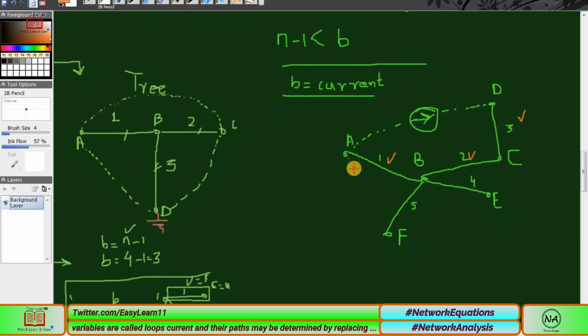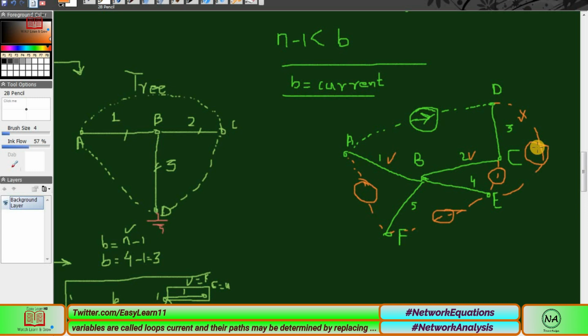Like here is also a chord, and if we connect a current source here, and here also, then by doing this we can calculate the current for all the different branches.